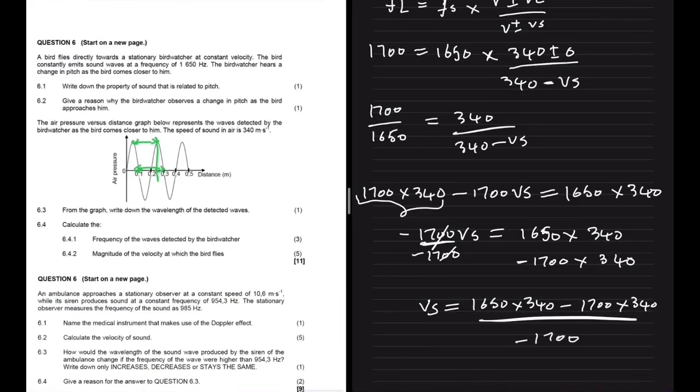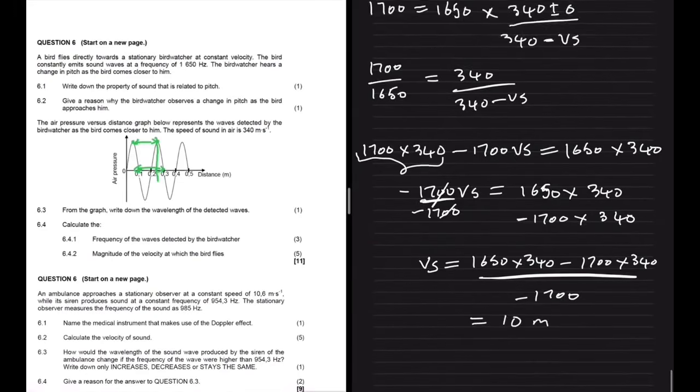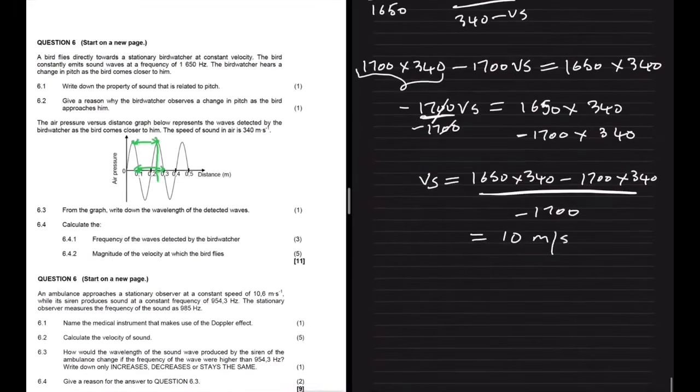So that's it for this question. I'm just going to plug that into the calculator. 1650 multiplied by 340 minus 1700 multiplied by 340, everything divided by minus 1700, and that gives me 10 meters per second.